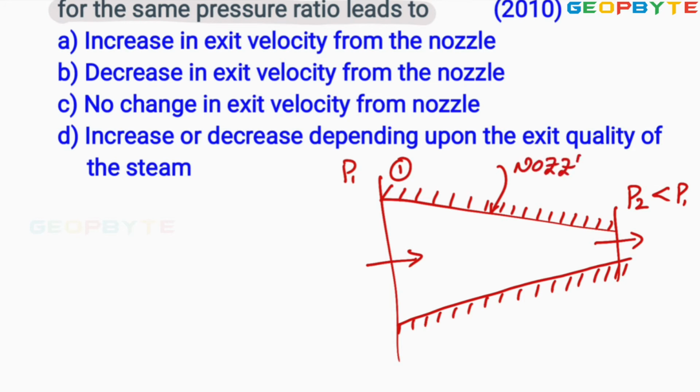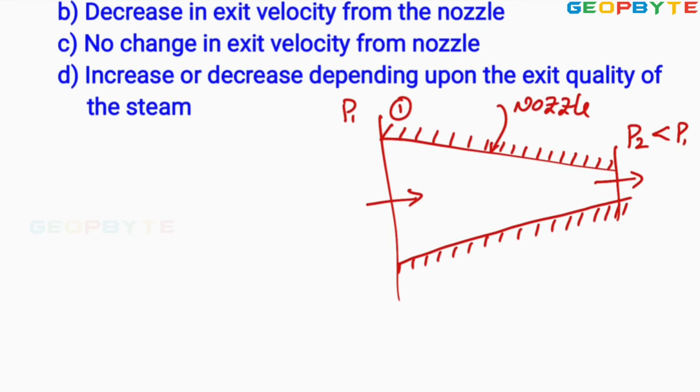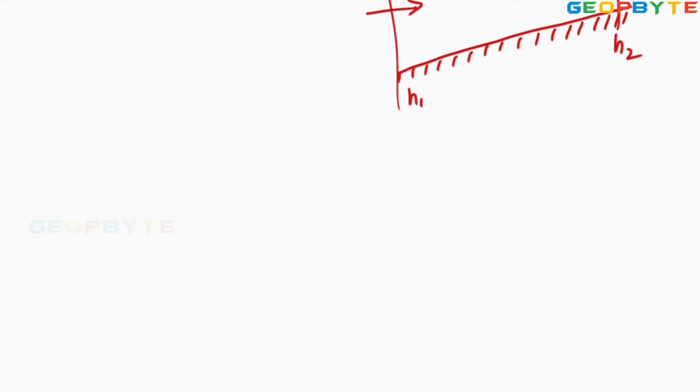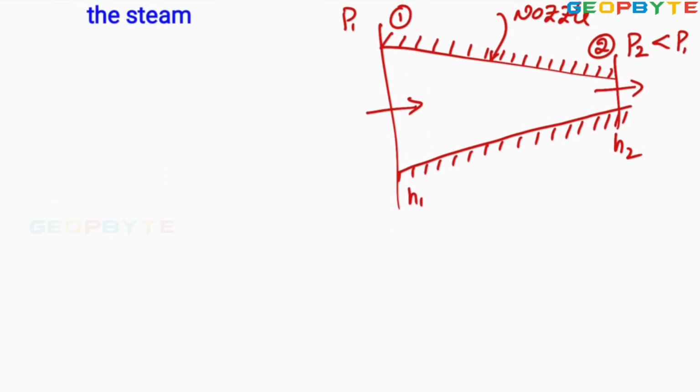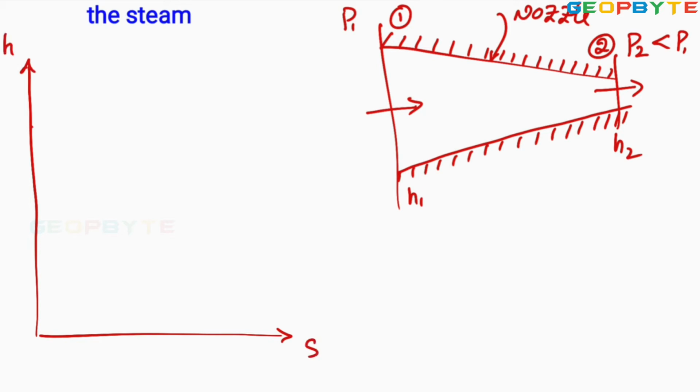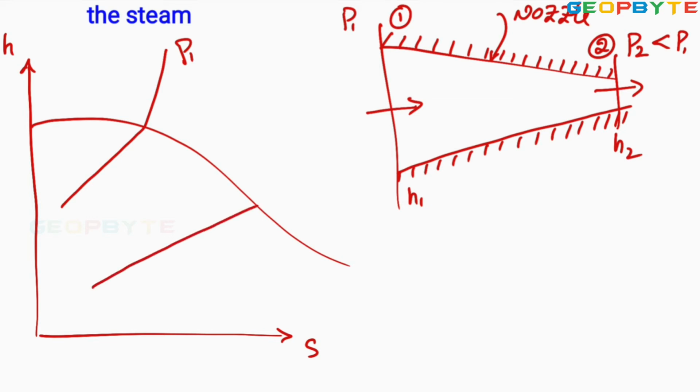This is the nozzle. By the time the pressure of the steam is dropping from P1 to P2, enthalpy of the steam is dropping from H1 to H2. That H1 and H2 can be marked like this. If I take the Mollier diagram or enthalpy versus entropy diagram, this is the saturated vapor curve. The steam is entering the nozzle under high pressure P1, leaving the nozzle at low pressure P2.